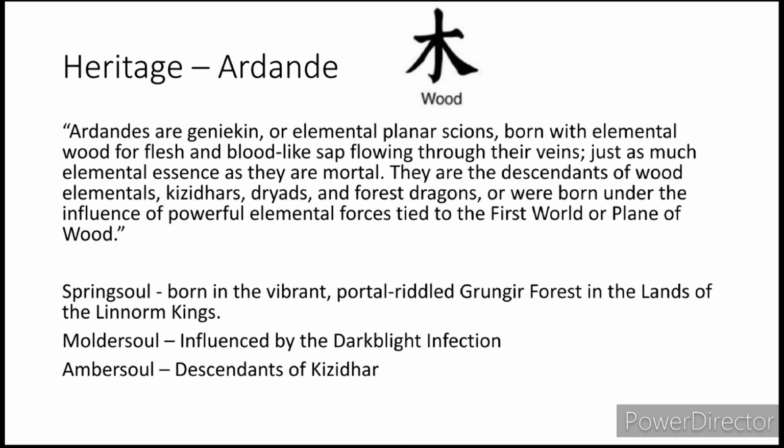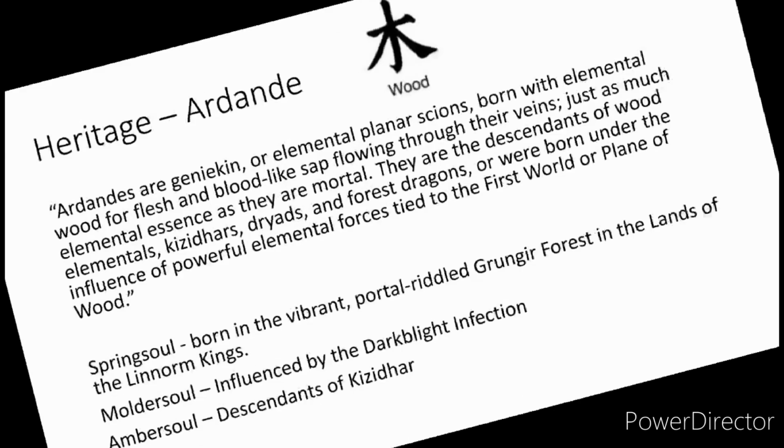They are the descendants of wood elementals, Kizithars, which are the wood genies, dryads, and forest dragons, or were born under the influence of powerful elemental forces tied to the first world or plane of wood. You don't have to be a descendant of an elemental of wood. You could just be born under the influence of the elemental plane of wood or the first world, which is amazing. There is so much here.